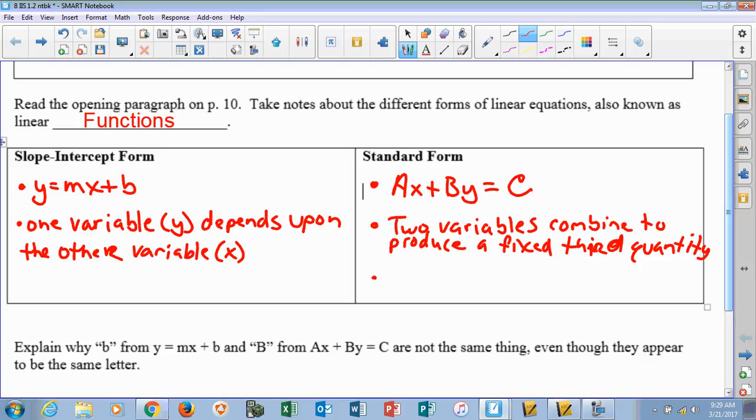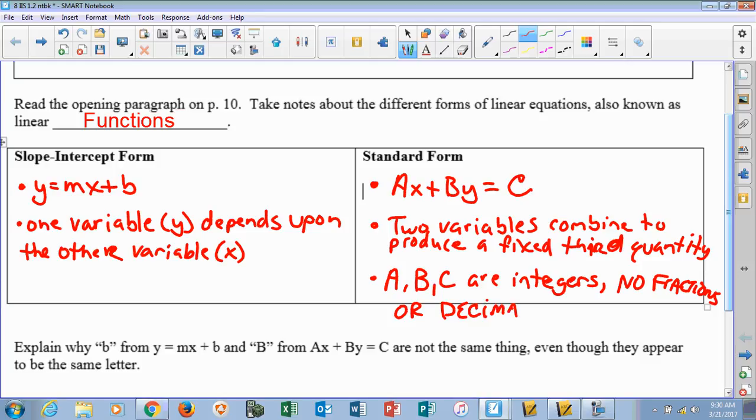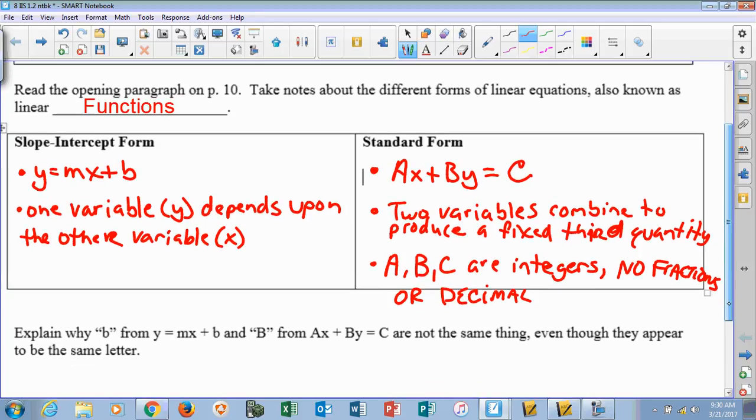Also, one more important thing here: a, b, and c are integers. They cannot be fractions or decimals. So they have to be in integer form, positive or negative. So that's kind of what you took away from page 10.